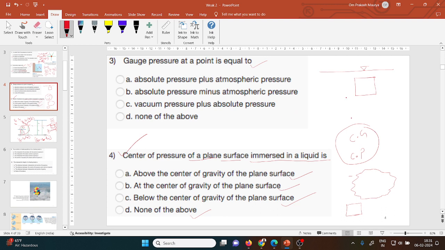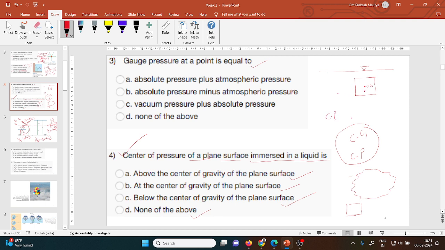This is the center of gravity or centroid of your body. Now, what is the center of pressure?